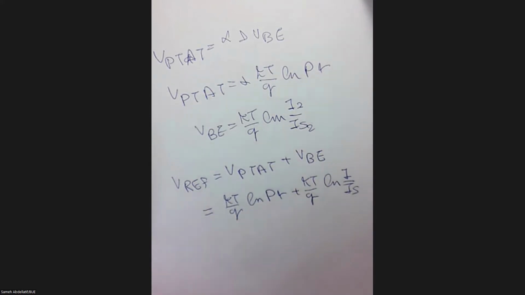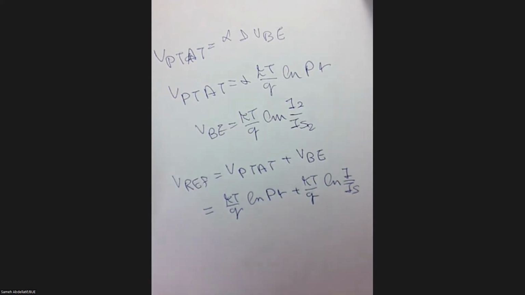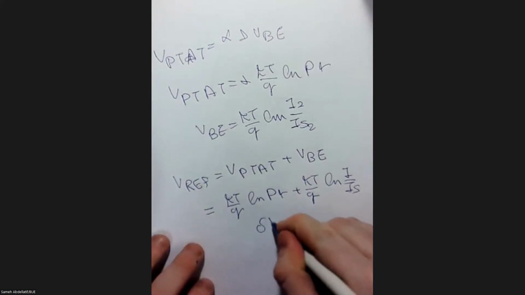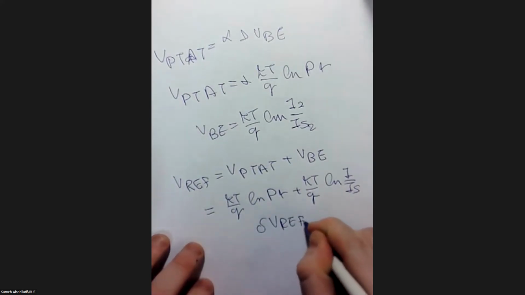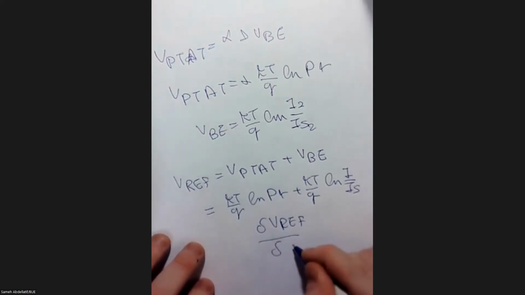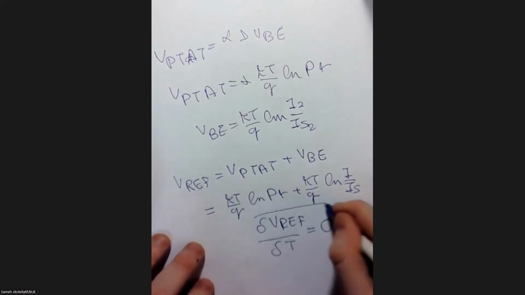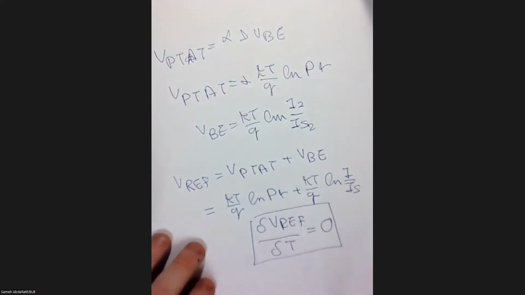So whatever the temperature is, this reference should be kept constant all the time. Or in other words, in order to have a reference in terms of a temperature sensor, partial V reference by partial T should be equal to 0. So that we can call this a reference.